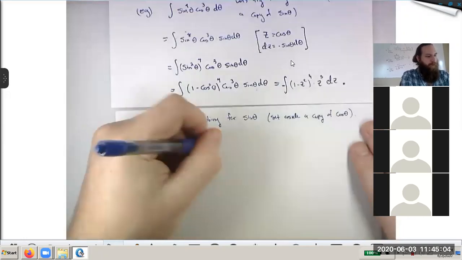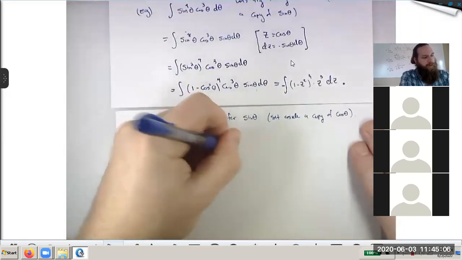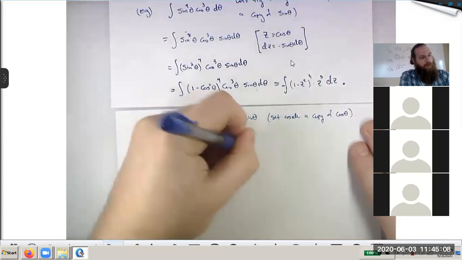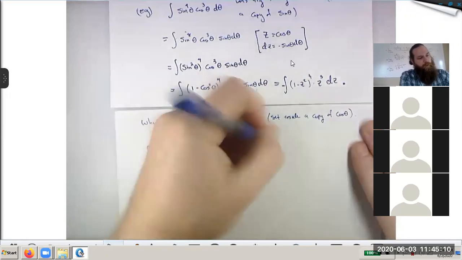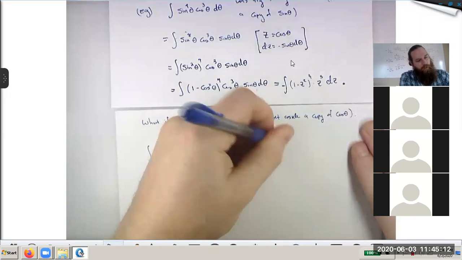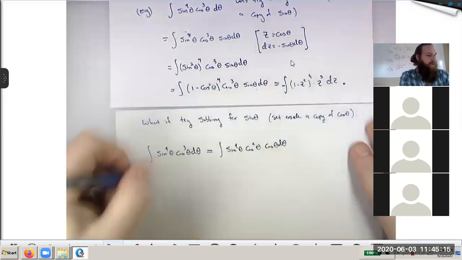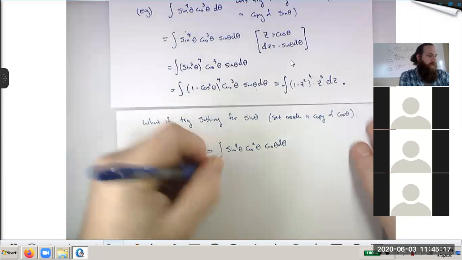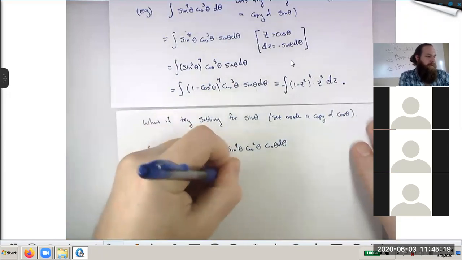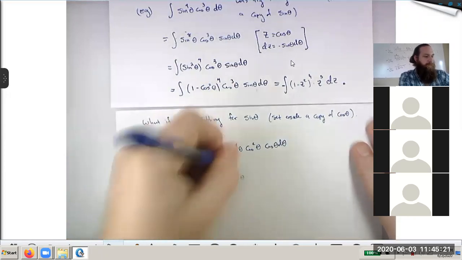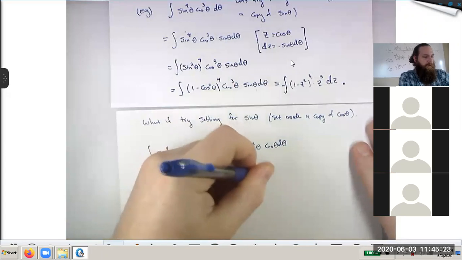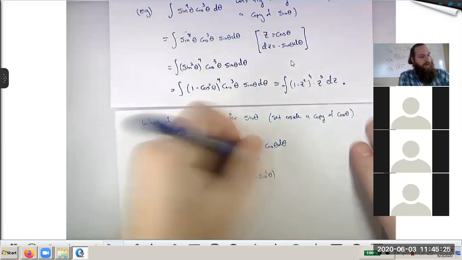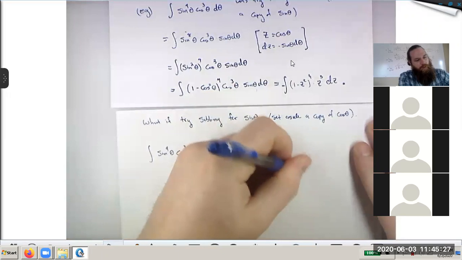So if I set aside one copy of cosine, then I'll have sine to the 9 theta cos squared theta times cos theta d theta. And now that cos squared I can write as 1 minus sine squared. So this is sine to the 9 theta times 1 minus sine squared theta times cos theta d theta.